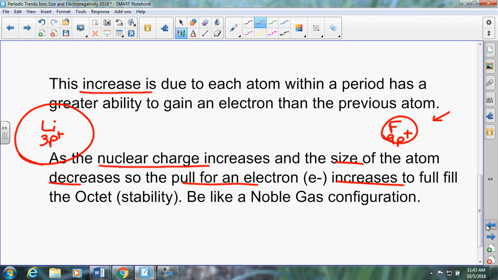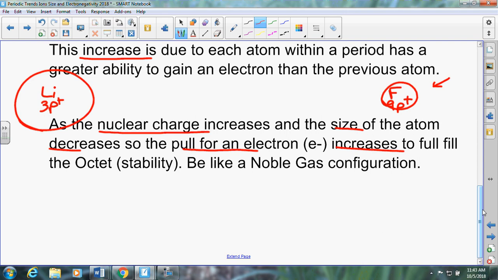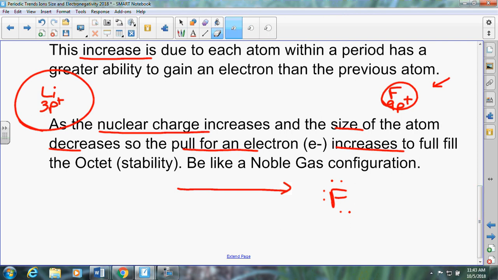Another reason this trend is true is because as you move across, an element like fluorine, which has 7 valence electrons, is very much interested in terms of octet, 8 electrons, and stability, wants to have that noble gas configuration.